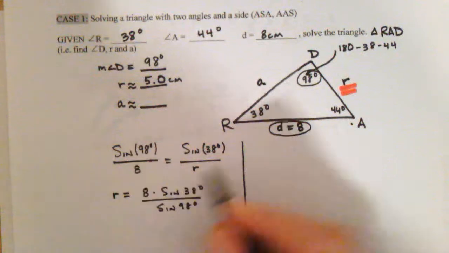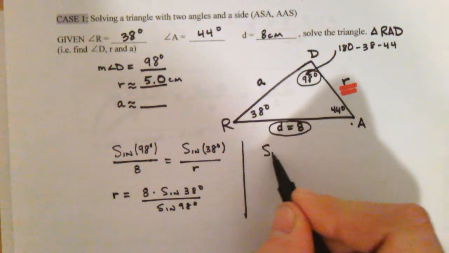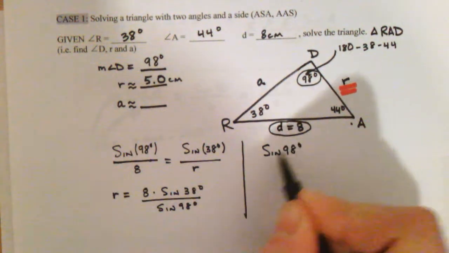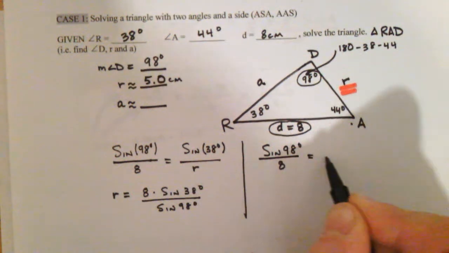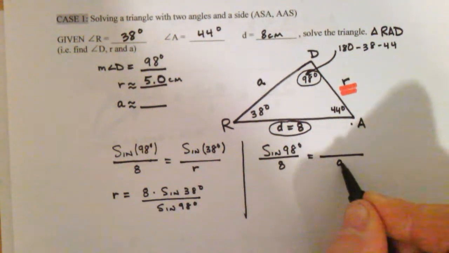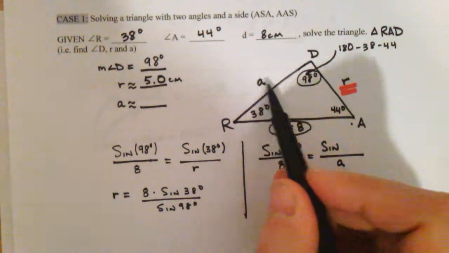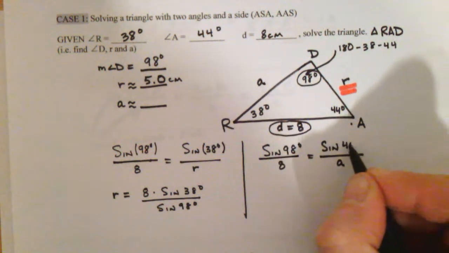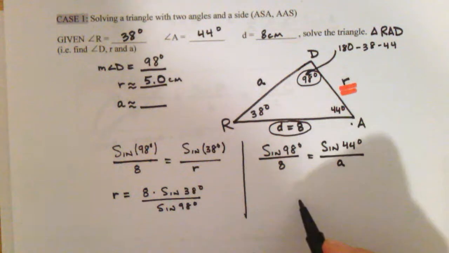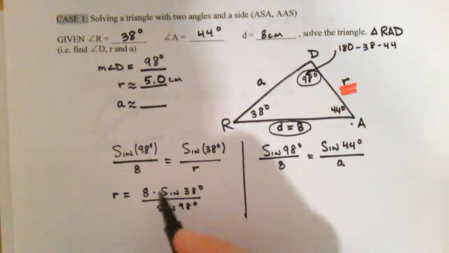You're going to do the exact same thing you did here. You're going to say the sine of 98 degrees, if I divide that by 8, it will be equivalent to, I want A, and so in the numerator I'm going to put the sine of the angle across from A, which is 44 degrees. So we evaluate that the same way that we did right here.